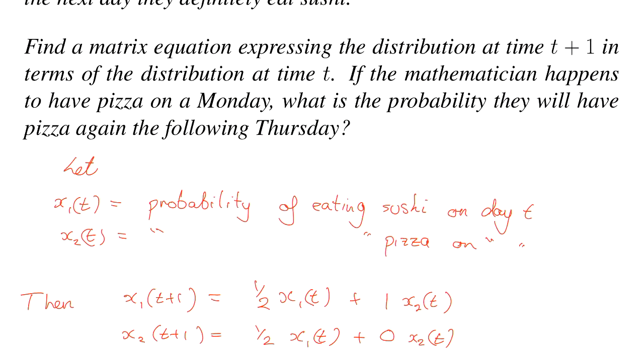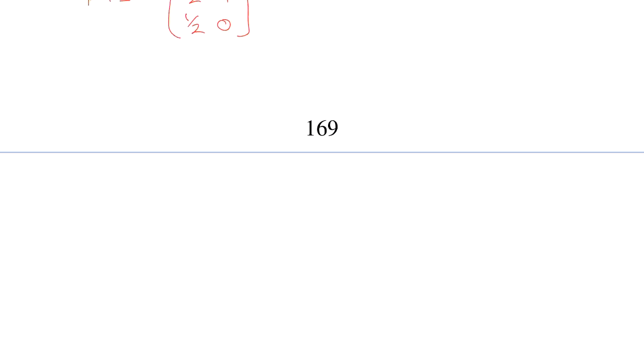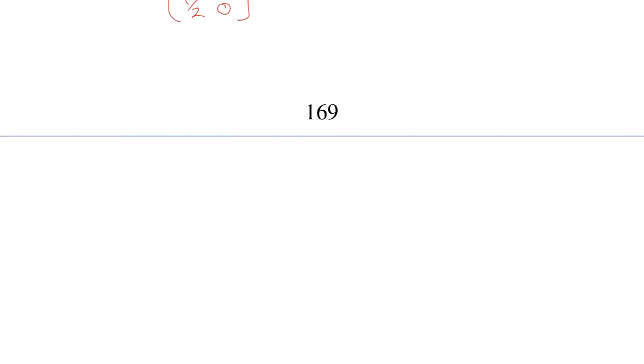Okay. So now the first question we ask here is slightly more pedestrian, which is not what happens at infinite time, but just what happens on Thursday, right? So if the mathematician happens to have pizza on Monday, what's the probability they have pizza on Thursday? That's a practical question that people have to ask or answer for themselves.